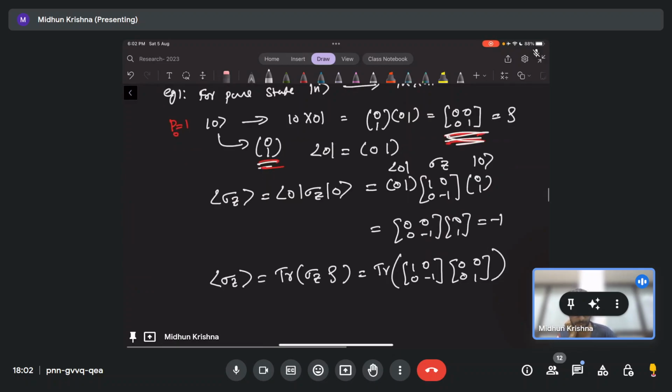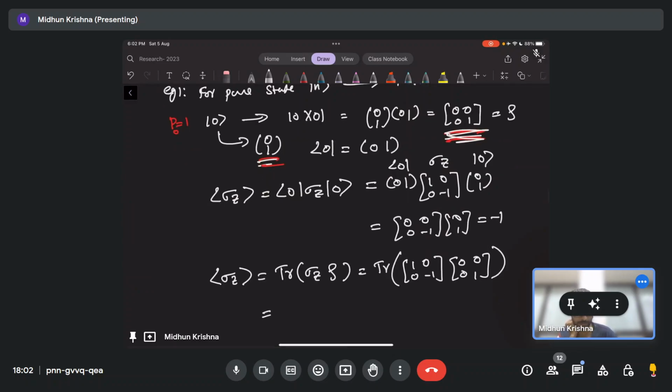I need to find the trace of that. If I do the matrix multiplication, I'll get 0, 0, 0, minus 1. The trace of the matrix is the sum of the diagonal elements. So this is 0 plus minus 1, which is minus 1. Right? So these are two ways of finding the expectation value of sigma z in this case.